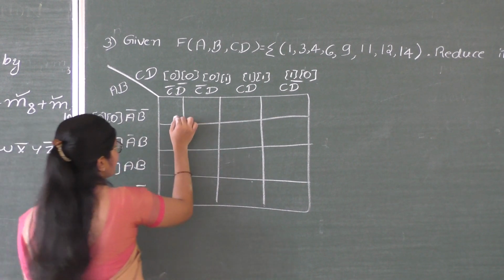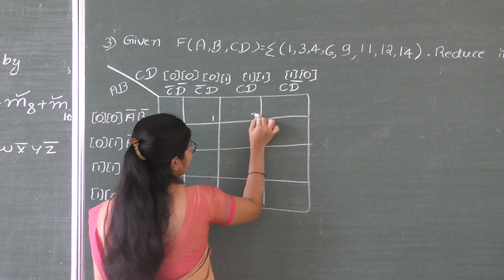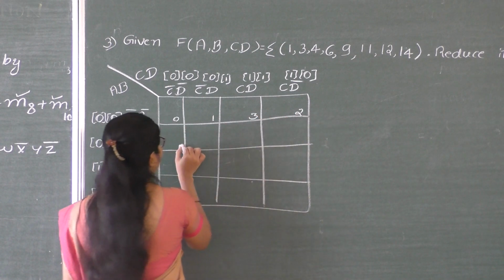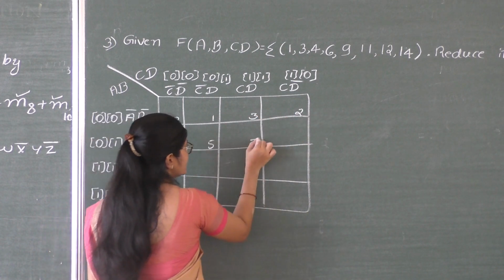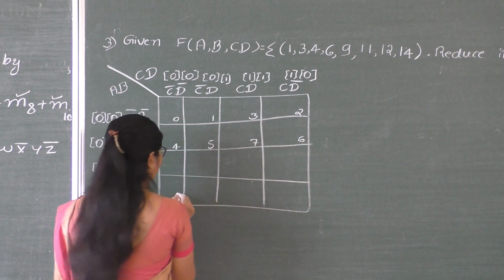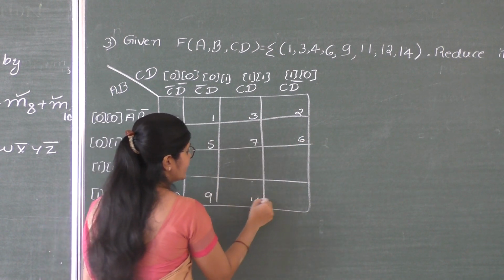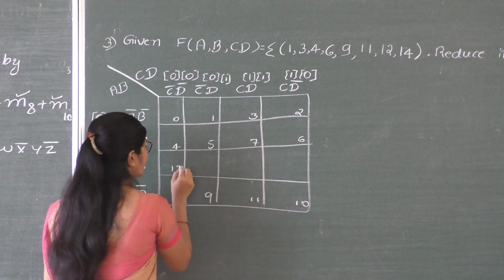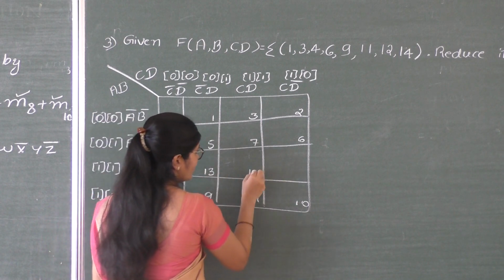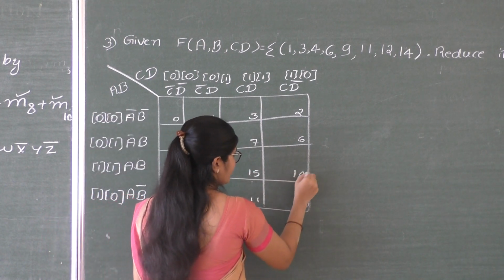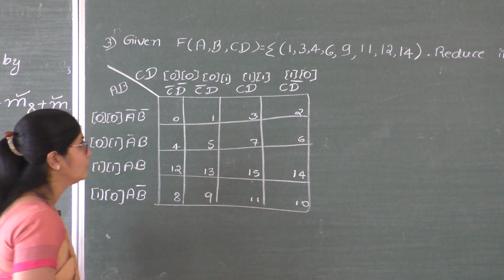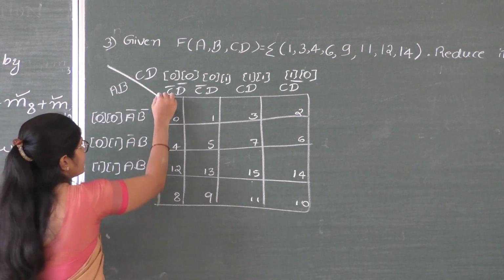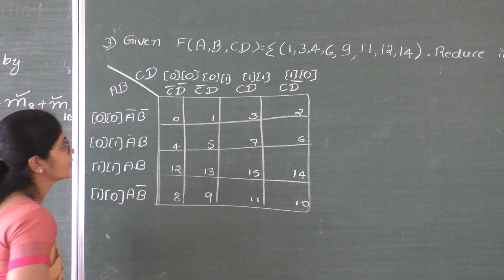And numbers of the squares are 0, 1, 3, 2, 4, 5, 7, 6, 8, 9, 11, 10, 12, 13, 15, 14. Now next step is filling the squares.